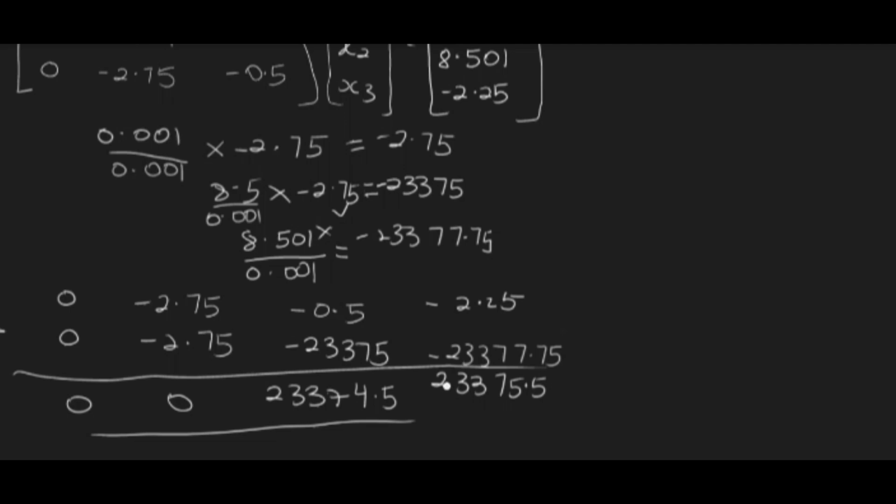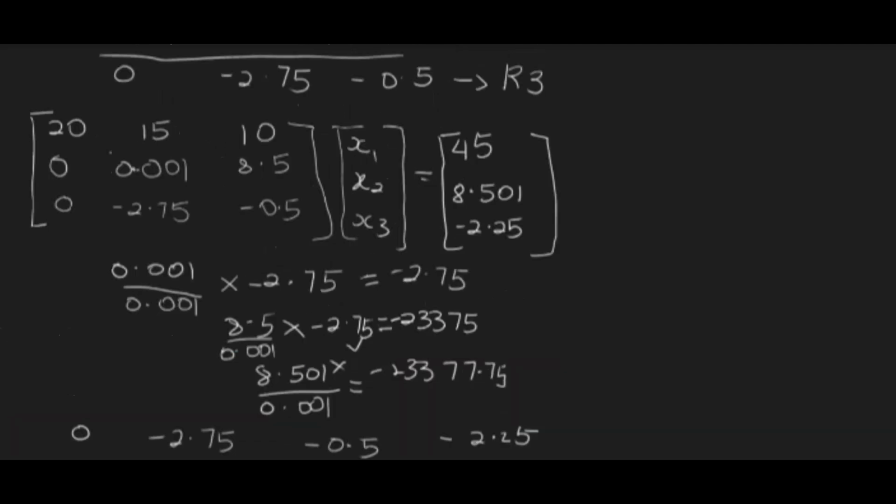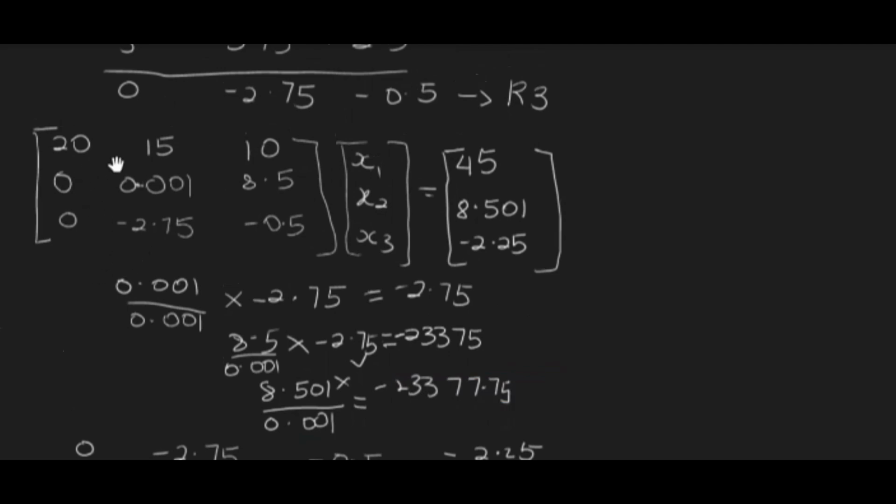Take note. So now I'm going to rewrite my entries once again. So the 20, 15, 10 still remains, 0.001, 8.5 still remains.